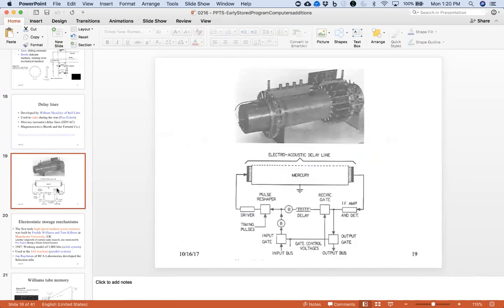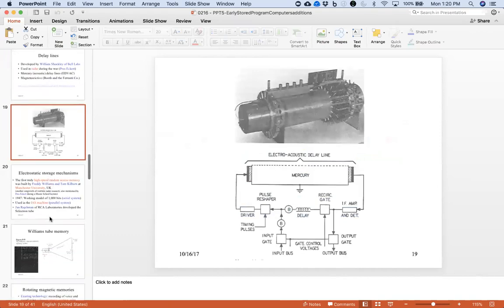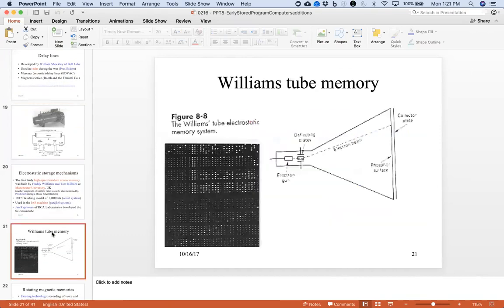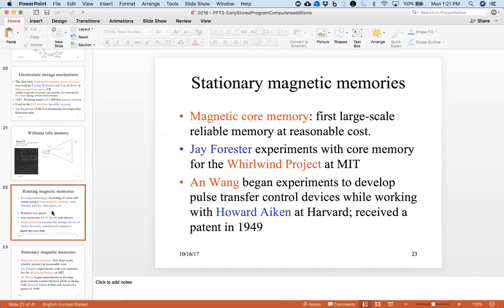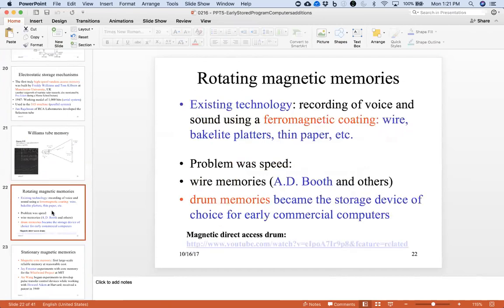Okay, so there are a lot of these different ones here. Another very famous one is the Williams tube memory system here, right? Again, this one ended up in the EDVAC actually. And then we get to these rotating magnetic memories.